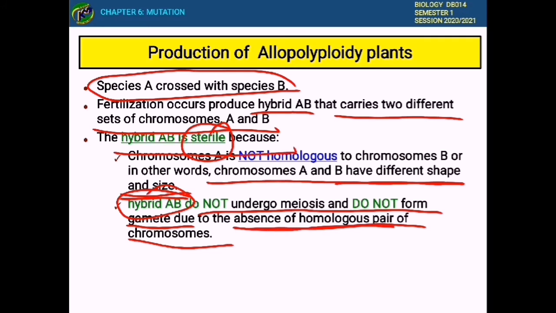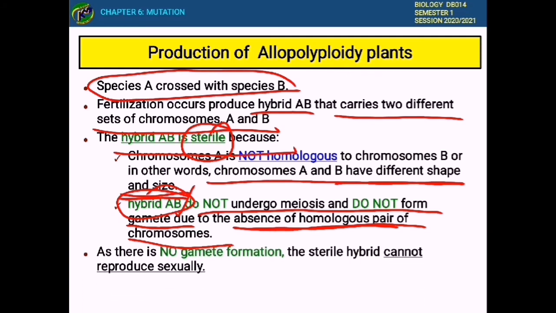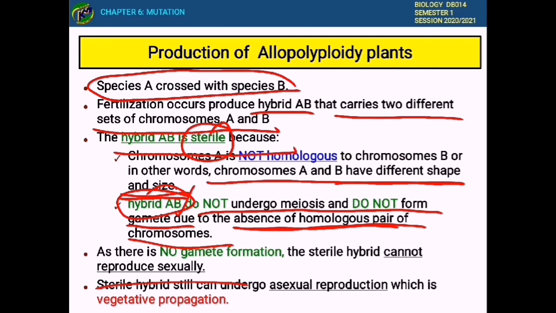When there are no homologous chromosomes, hybrid AB cannot undergo meiosis and gametes will not form. As there is no gamete formation, the sterile hybrid cannot reproduce sexually. The sterile hybrid can still undergo asexual reproduction, which is by vegetative propagation.